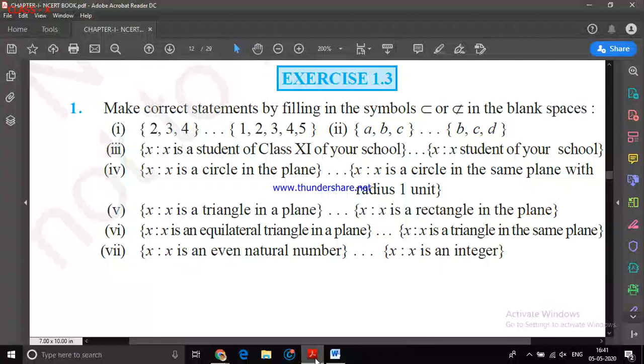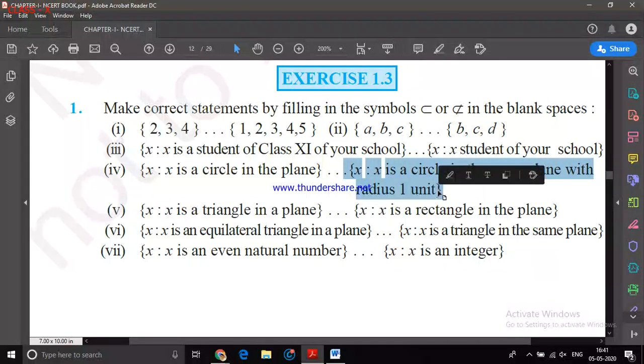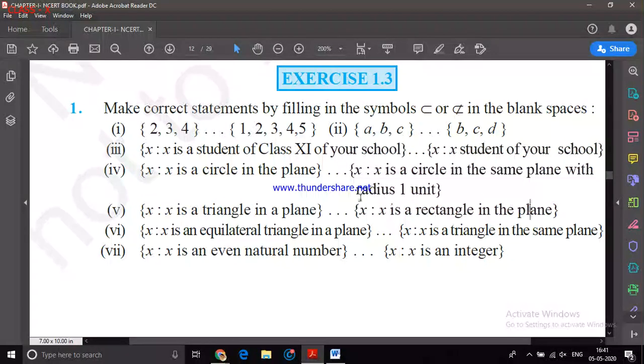Yes, Gagan, I think yesterday you asked me this question, what is the universal set definition? In this example, if I take set B as circles with 1 unit radius and want to write the universal set for it, the universal set has to be of the same category as that particular set and it has to be bigger than the given set. If I say circles with radius 1 unit, what is the bigger set than that?